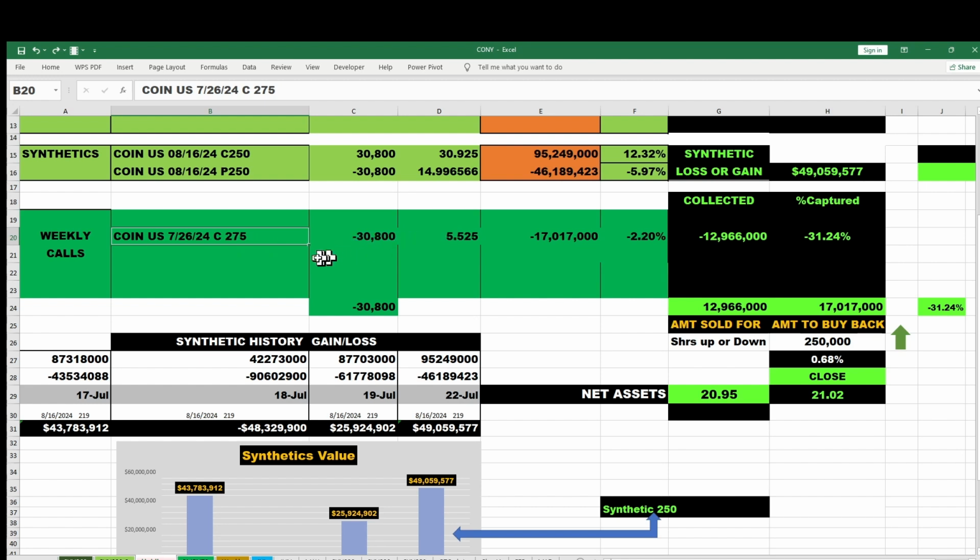Up until 275, that's why we could outperform today. But if we ran to like 290 tomorrow, you'd notice that we wouldn't have the same gain that Coin did, because we would have that first $10 gain, we'd be wide open. But then it's really like driving really fast with the parking brake on.